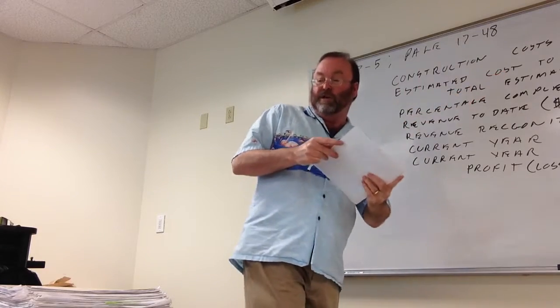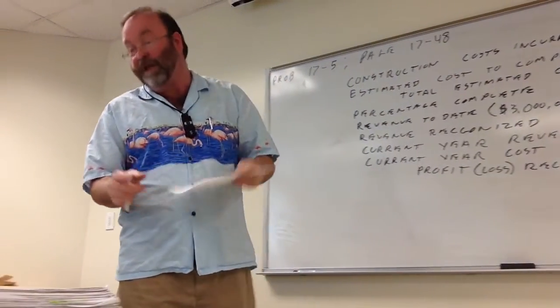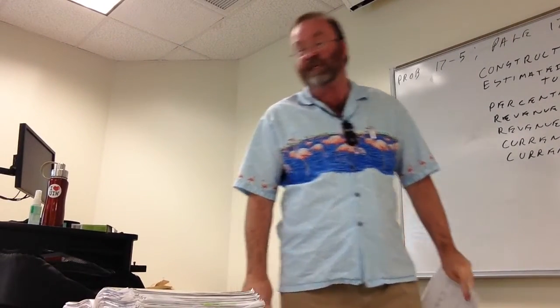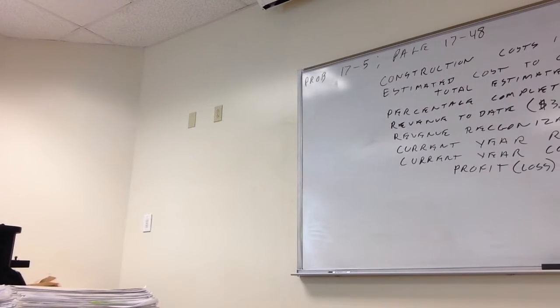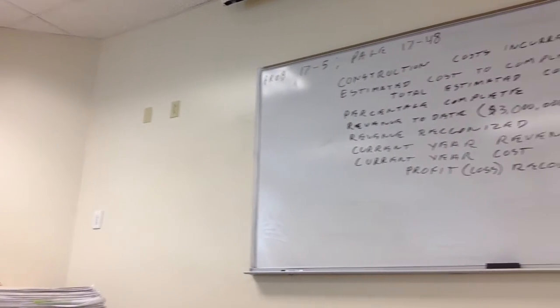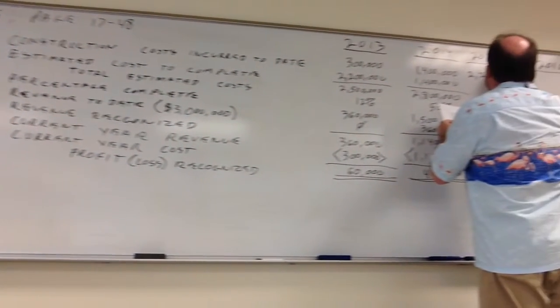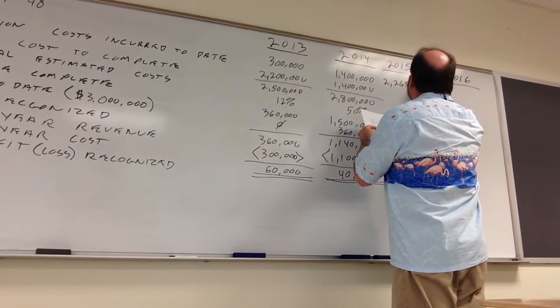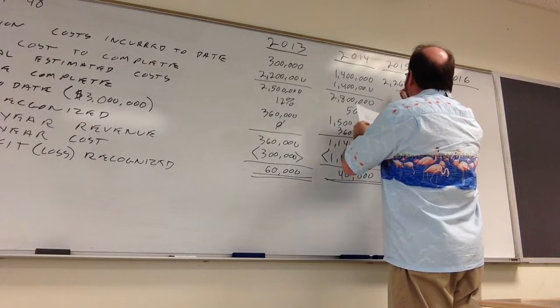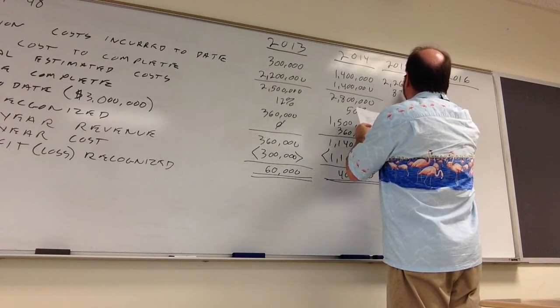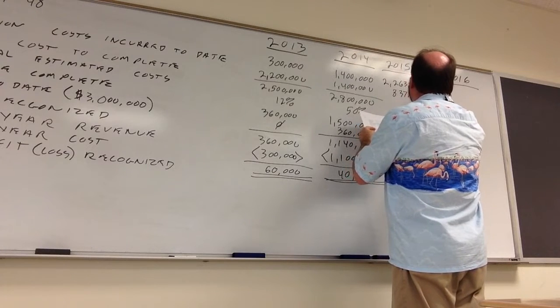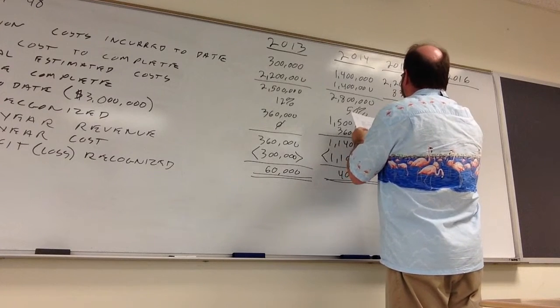All right. So in 2015, just for the year, we incur $863,000, bringing the total cost incurred to date to $2,263,000. We expect to spend another $837,000 to finish the project.